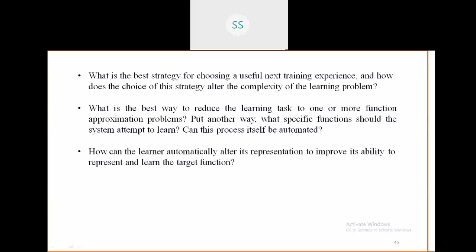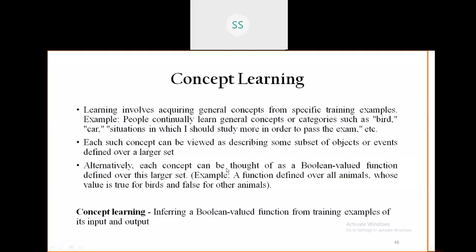And also, what is the best strategy for choosing a useful next training example? What is the best way to choose the best training examples or training experience? What is the best way to reduce learning tasks to one or more function approximation problems? And finally, how can the learner automatically alter its representation to improve its ability to represent and learn the target functions?